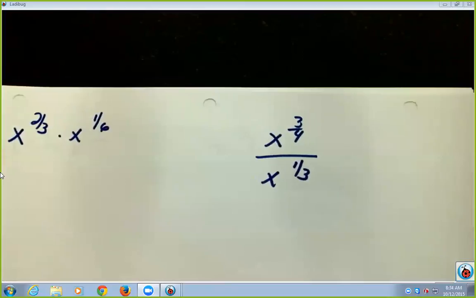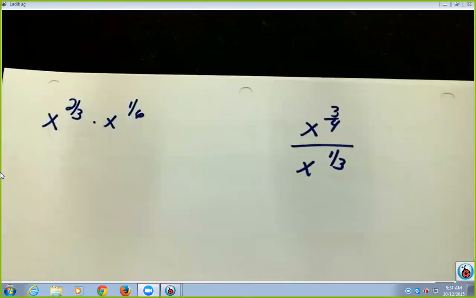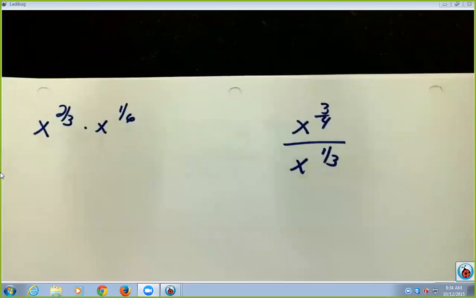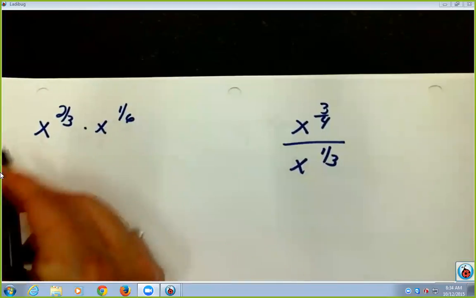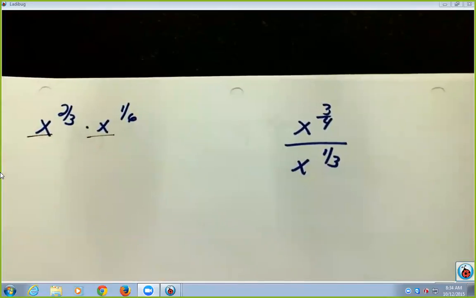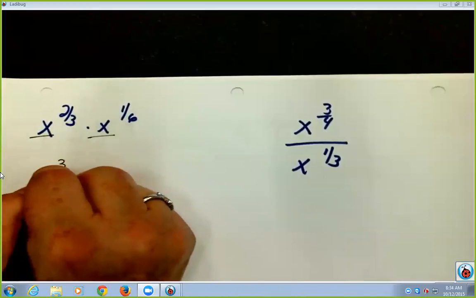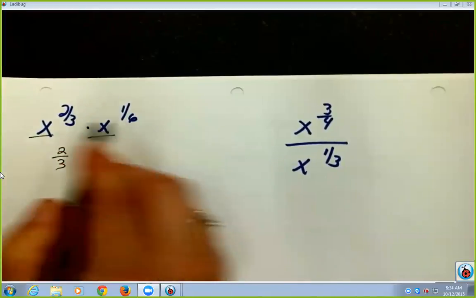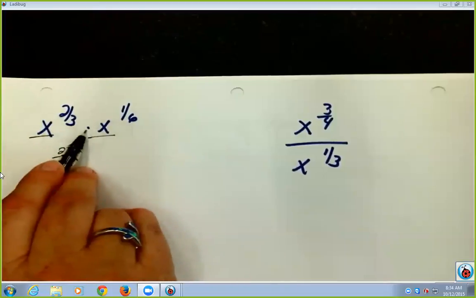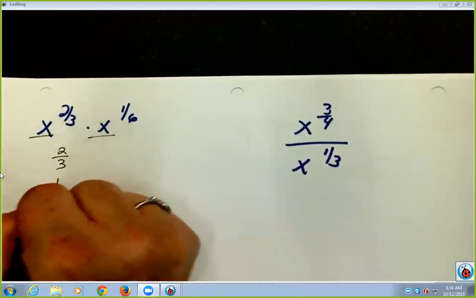Now that we know what we've got happening with them, now we start getting into using our laws of exponents. We reviewed those. That's why you did 5.1 and 5.2, so that we could review these laws in here. These are my bases. They match each other. So what would I have to do with my exponents? Because the bases are the same and I'm multiplying, I'm going to add these things together.